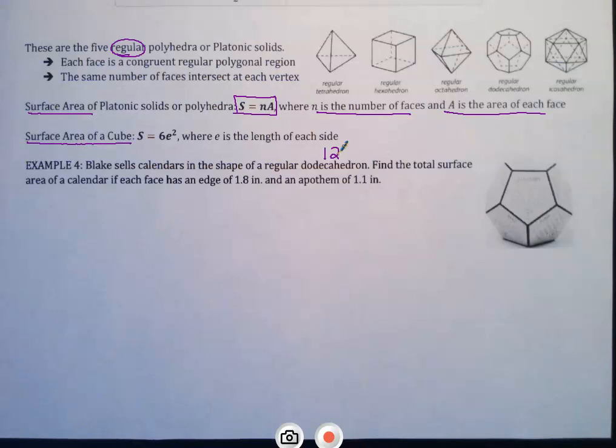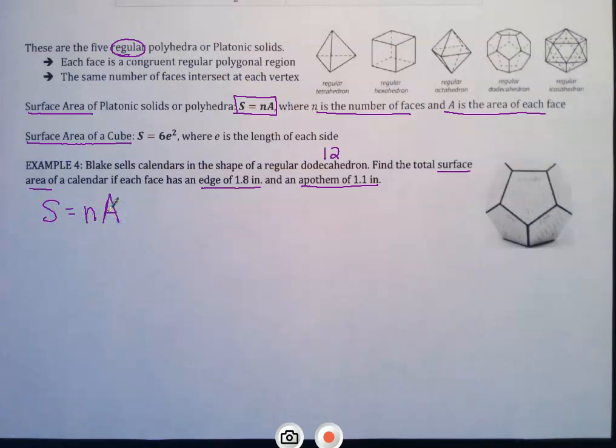Gotcha. All right. So you want to find the total surface area of a calendar if each face has an edge of 1.8 inches and an apothem of 1.1 inches. First of all, what's the formula to find the surface area of a Platonic solid? S equals NA.